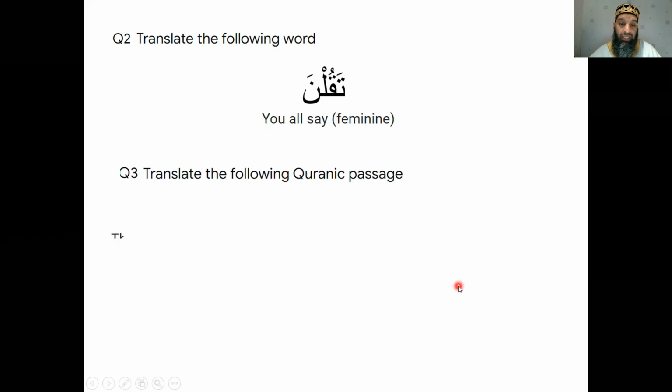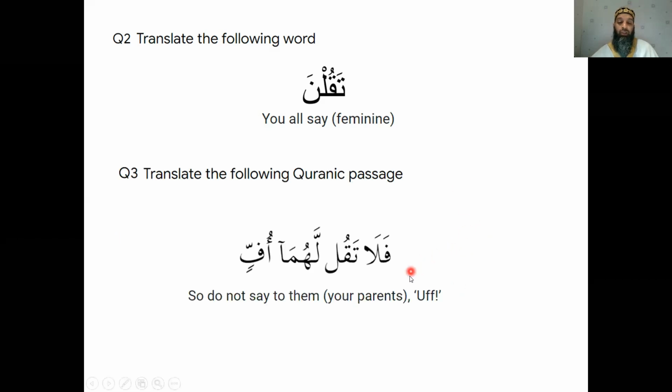Translate the following Quranic passage. So, fala, so do not. Taqul is majzoom. It's the same as taqulu, but the la came and it makes it majzoom. So فَلَا تَقُلْ, so do not say لَهُمَا, to both of them.